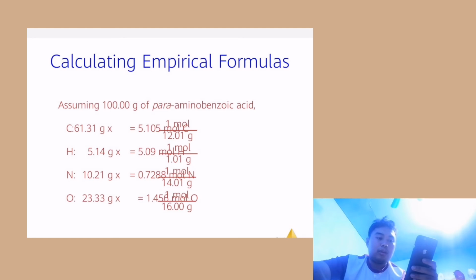Nitrogen, 10.21 grams equals 0.7288 moles over 14.01 grams per mole. Oxygen, 23.33 grams equals 1.45 moles over 16 grams per mole.